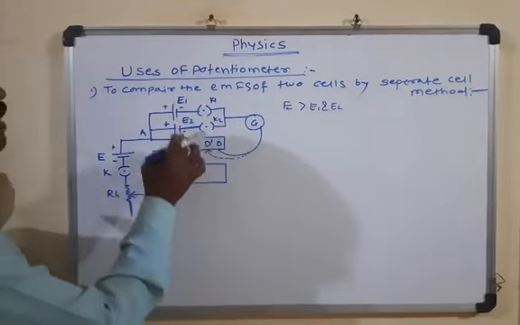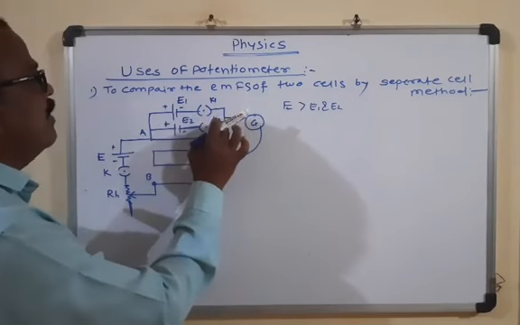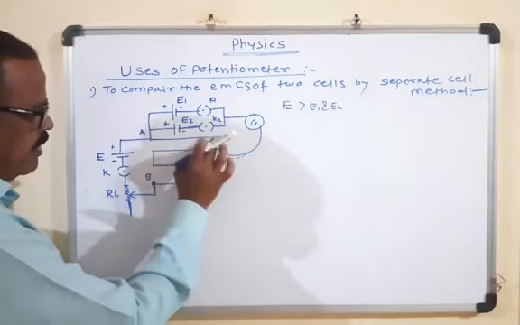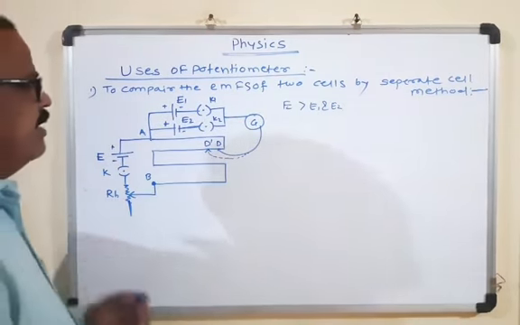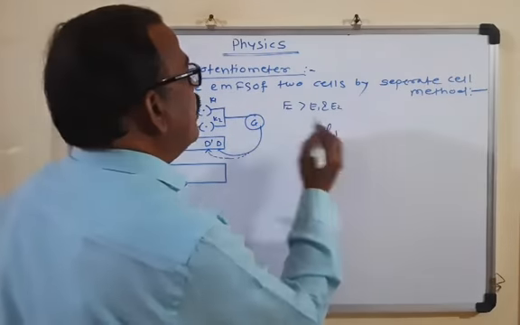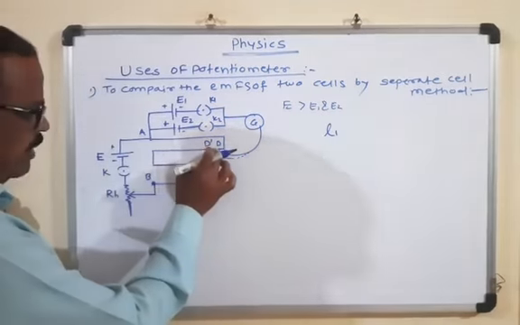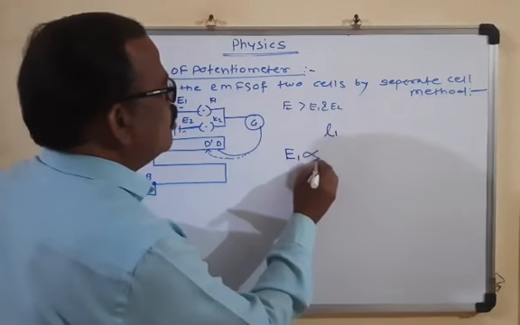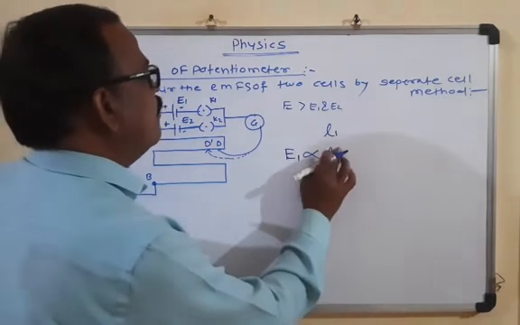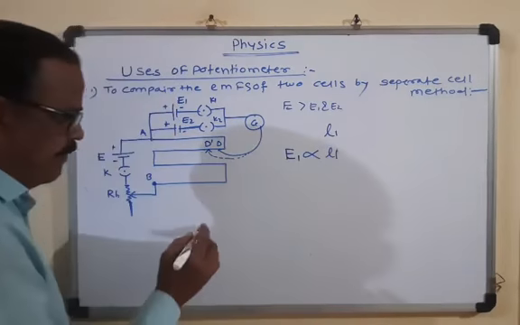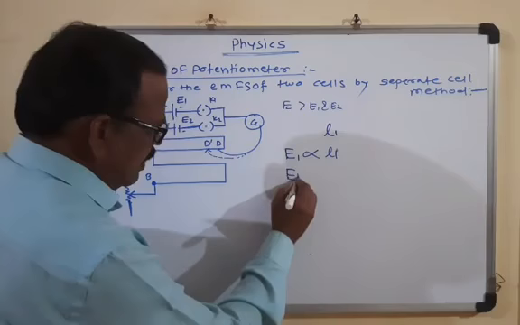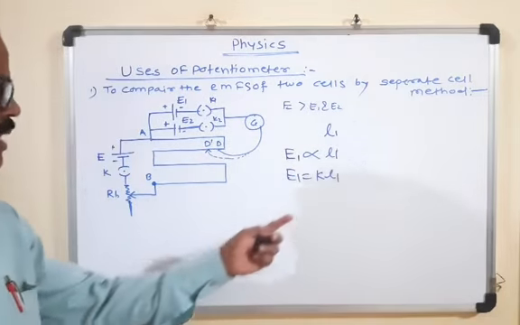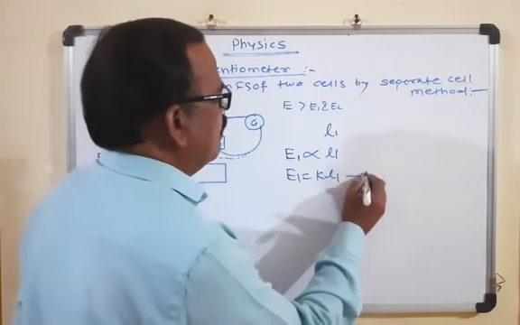At that time, the electromotive force of cell E1 corresponds to the length of wire between points A and D. Suppose L1 is the length between the point A and the null point D. Therefore, electromotive force E1 is proportional to length L1. Therefore, we write E1 is equal to K into L1, where K is the constant potential gradient, equation number 1.